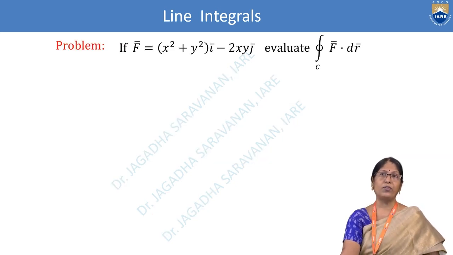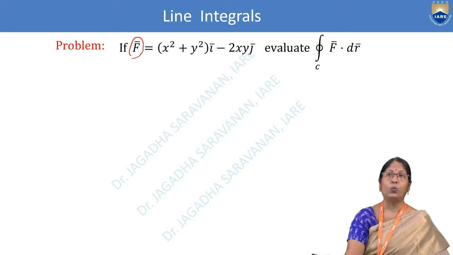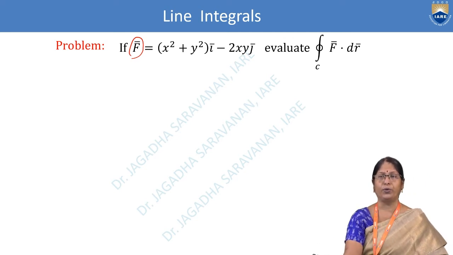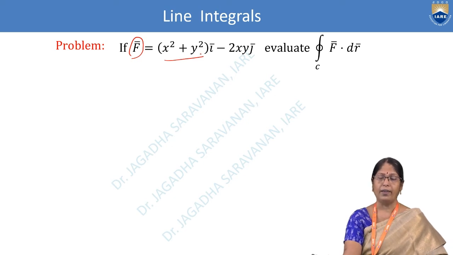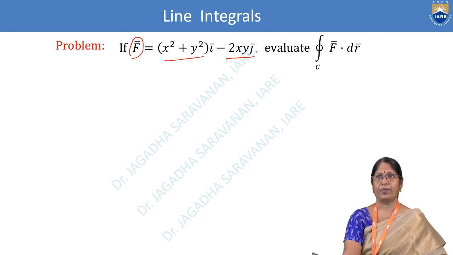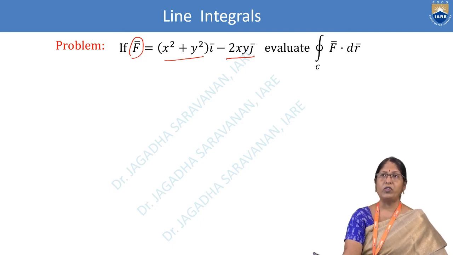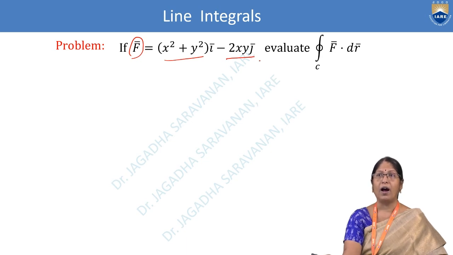So we will concentrate on a problem. Here it is given vector F equal to (x square plus y square) i minus 2xy j. There is also k, but in the question only i and j are given.